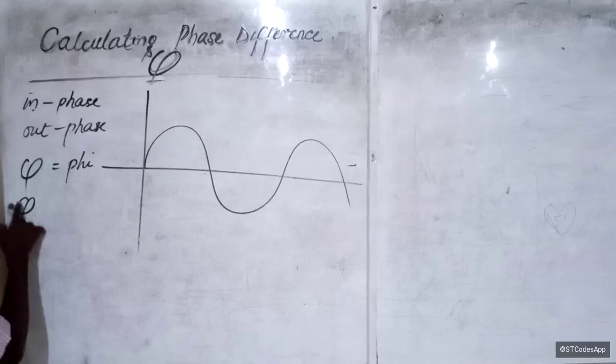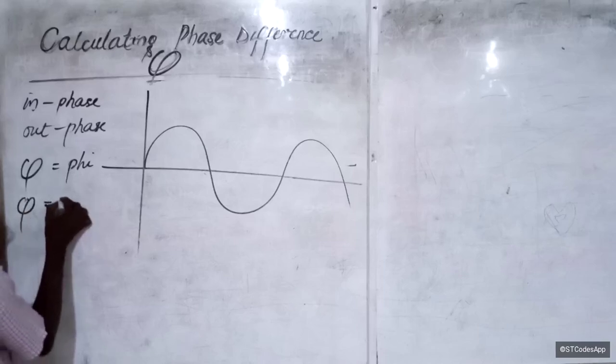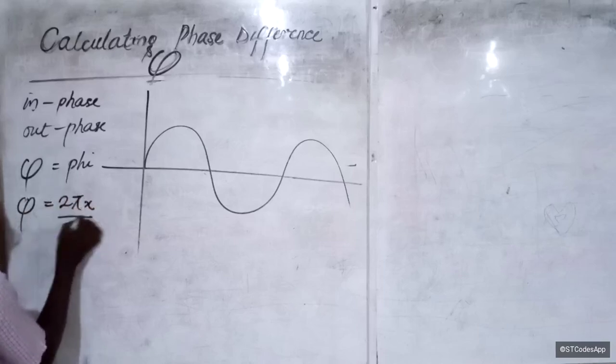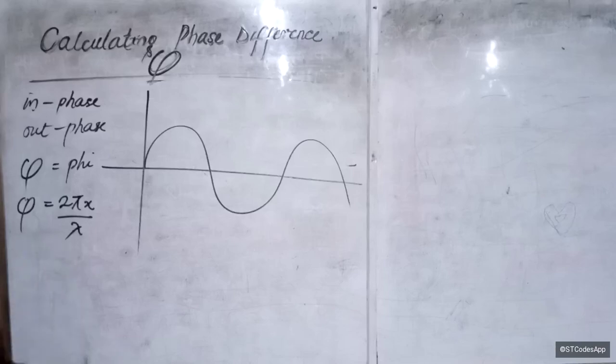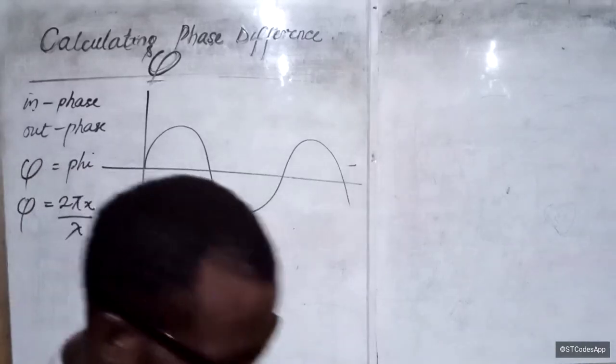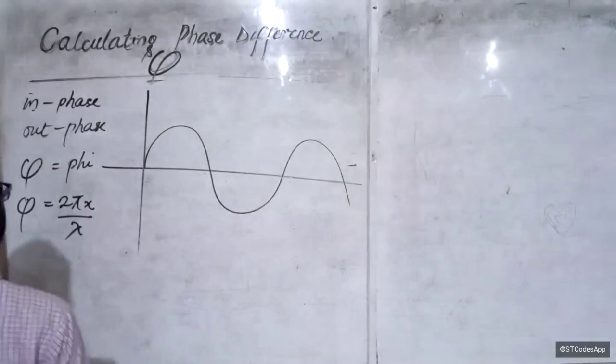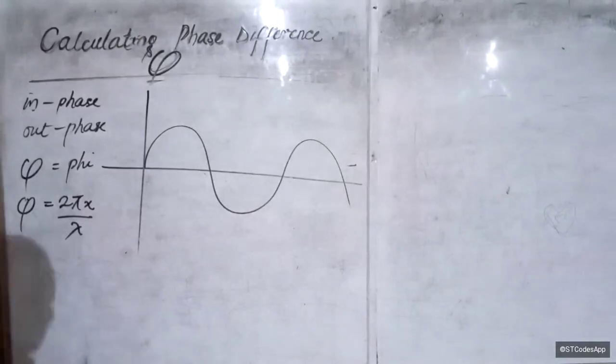First, remember that the formula for calculating phase difference is 2 pi x over lambda. Now, this is very simple if you understand what we mean.